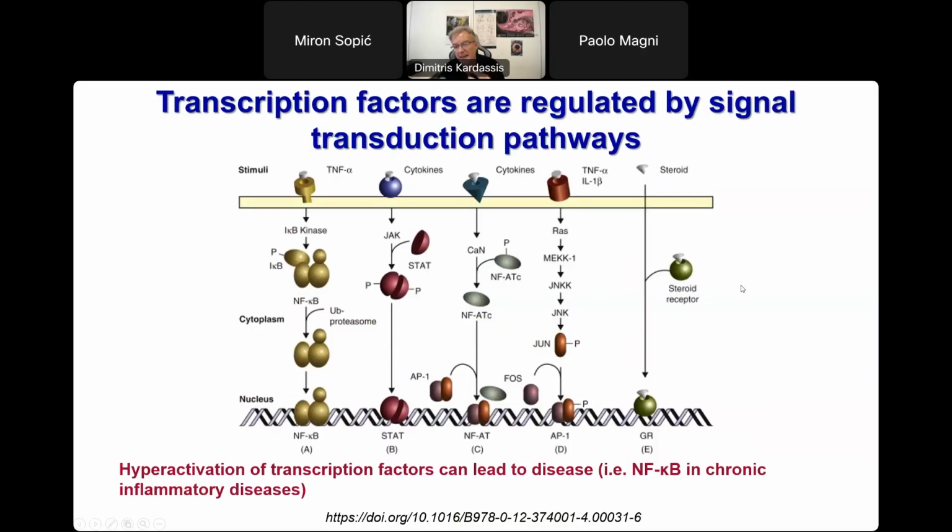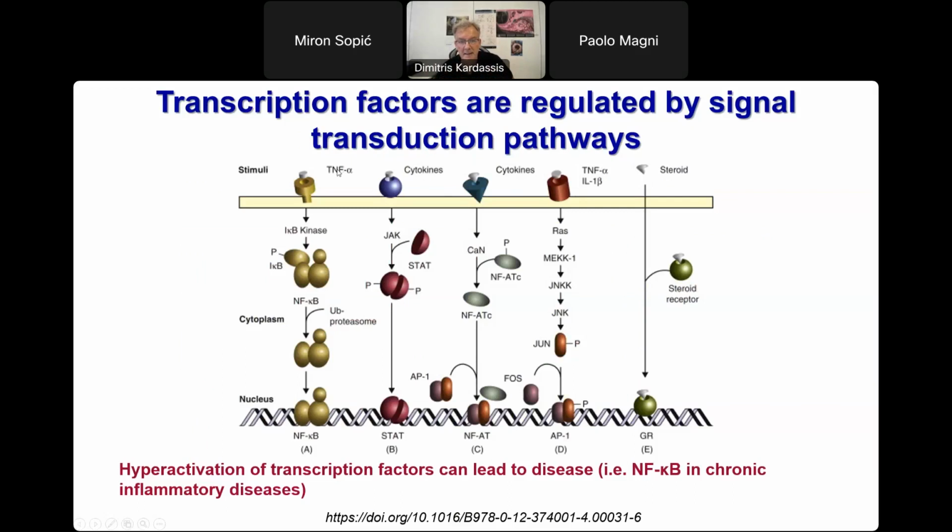And again, these transcription factors are regulated. They do not act constitutively. They are activated by signal transduction pathways. Here in this slide, we see some signal transduction pathways which activate these transcription factors.